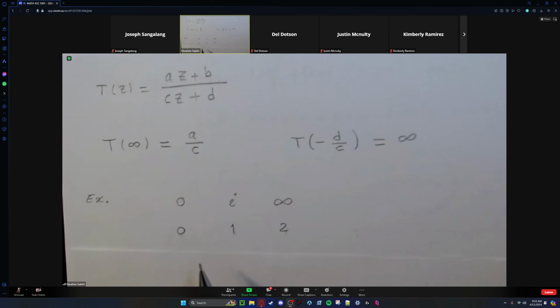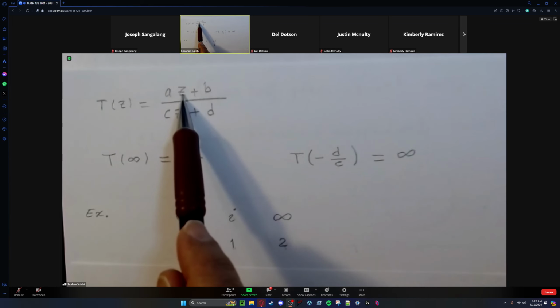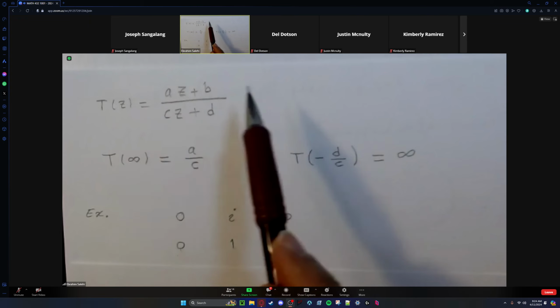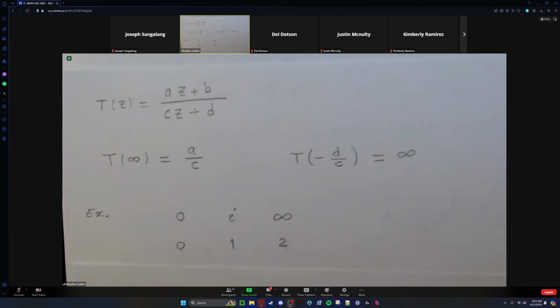I want to find a linear fractional transformation that sends 0 to 0, i to 1, infinity to 2. Okay? As soon as you say it sends 0 to 0, well, look at this. If you plug 0, you're supposed to get 0. Then that means B is 0, right?